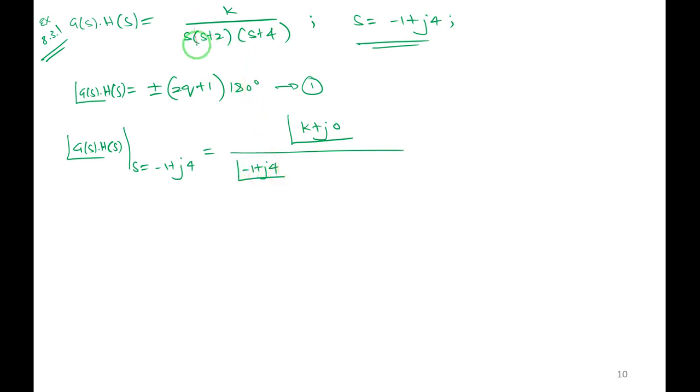Then angle of s plus 2: minus 1 plus j4 plus 2, and 2 minus 1 is 1, so 1 plus j4. Then the third, s plus 4. Substitute the value of s here, minus 1 plus j4.